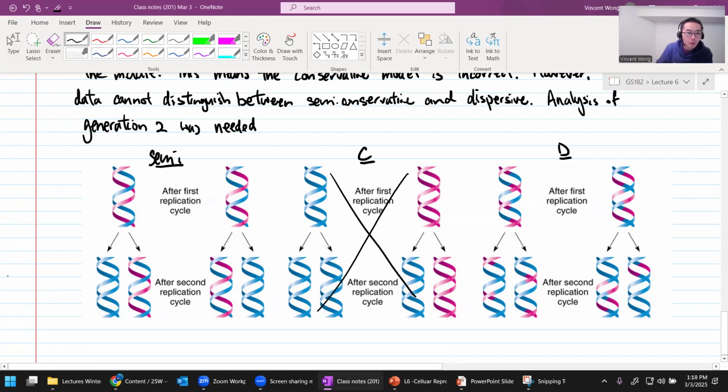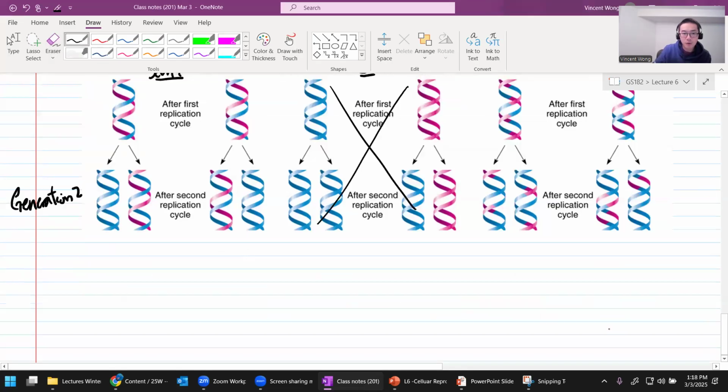But if we go to generation 2, right? Listen to me for a second. We're going to separate the red and the blue, and we're going to build the missing half. And remember, only blue nitrogens are available, only N14s are available. So this blue ribbon, you're going to build another blue one, and then you would have the red one combined with the blue one.